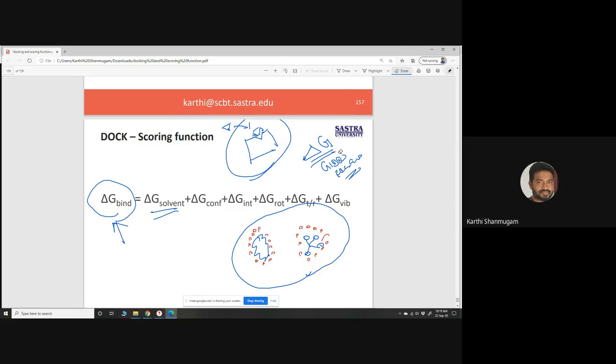Okay, so this is the binding site. Assume that I know where the binding site is present. What should I do? I have to fit this ligand inside this binding site. The answer is very simple.